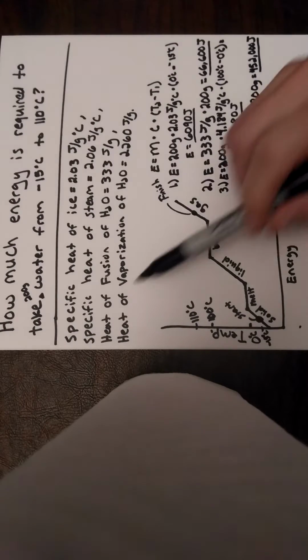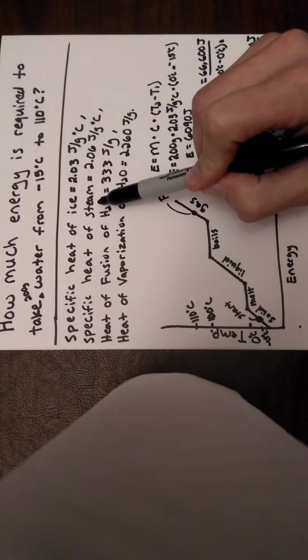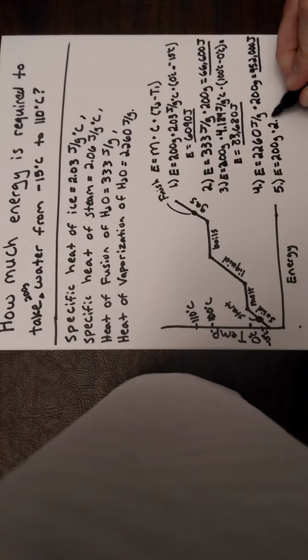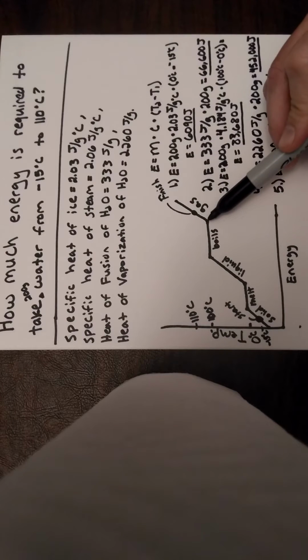So we need the specific heat of steam, 2.06 joules per gram degrees Celsius. And again, our T2 minus T1. T1 is where we left it at 100 degrees steam.